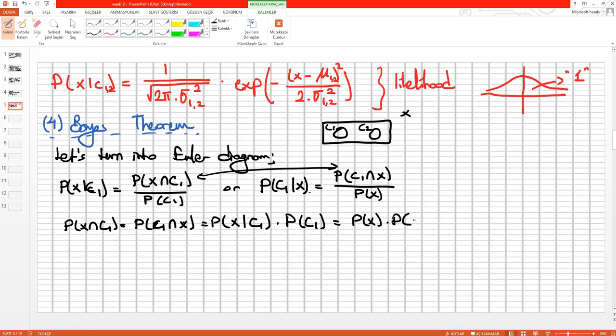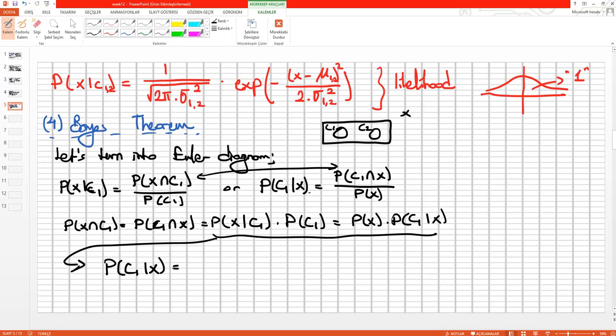multiplied with each other. After that, if we say that this is true, and it must be, then we can say that p(c1|x) must be equal to p(x|c1) times p(c1) over p(x). This is the probability of x, this is the probability of c1. And what's this?